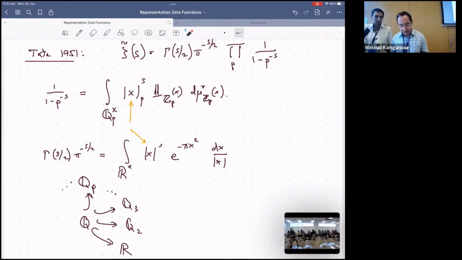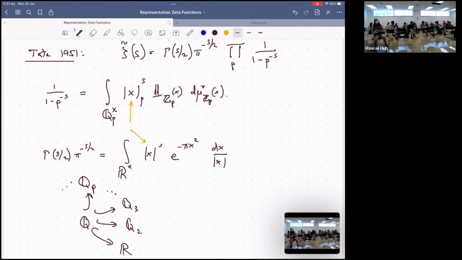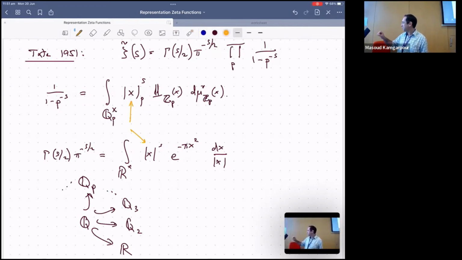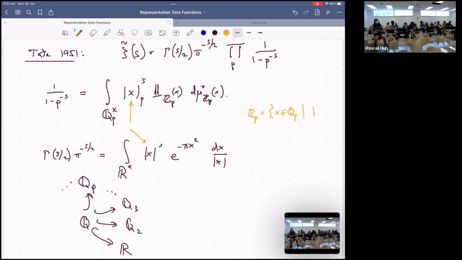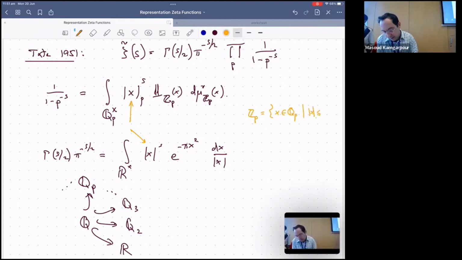So one of the things that I said is that Z_p is a ring. Do I have 4 or 5 minutes for the questions? Okay, all right. So Z_p is going to be the subset of elements in Q_p with norm less than or equal to 1.